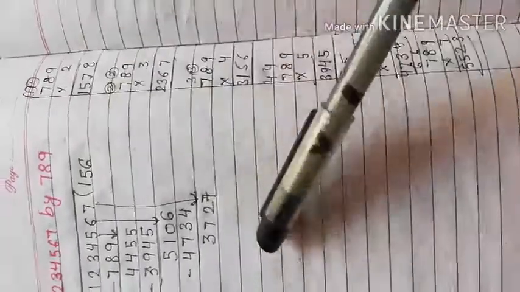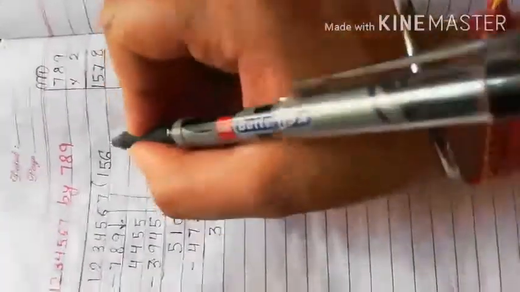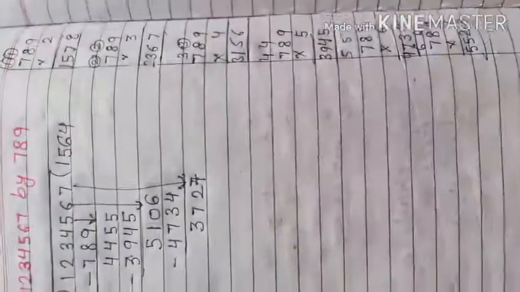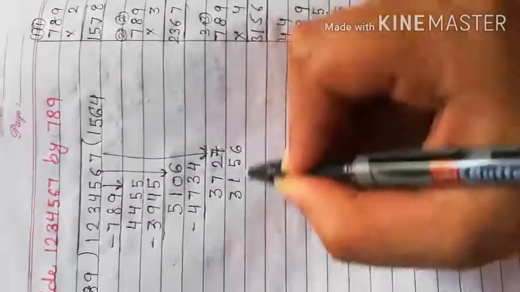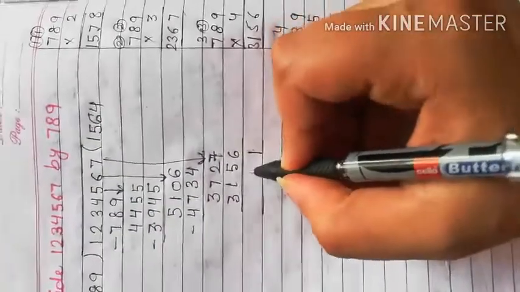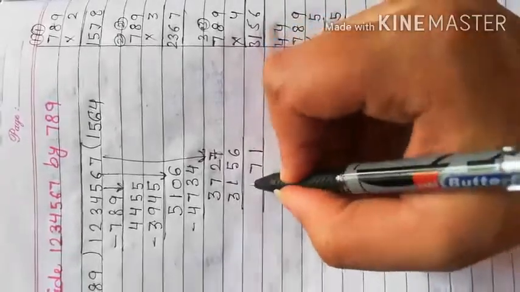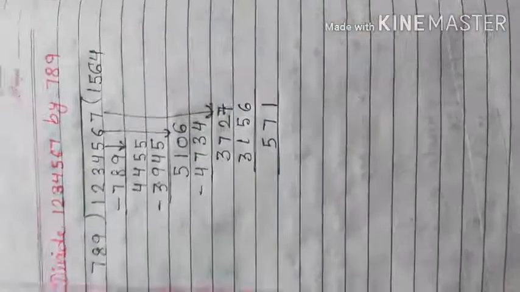No, we don't have 3727, so we will go for the smaller one, that is on 4 we have 3156. When we subtract it, we have 12 minus 5 is 7, and 6 minus 1 is 5. So here we have the leftover answer, which is our remainder. This is the answer of the division sum.